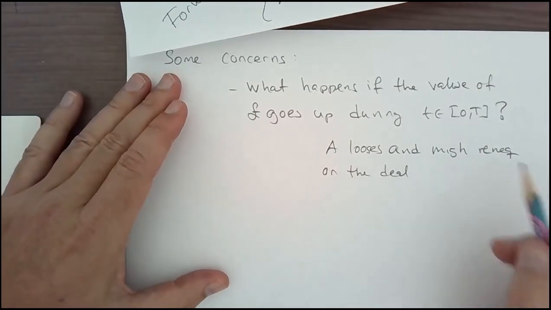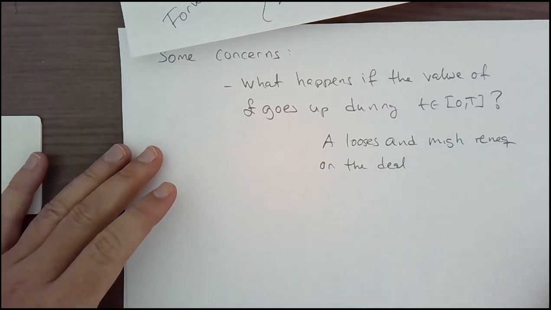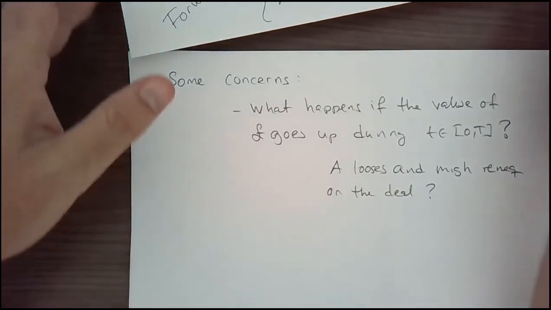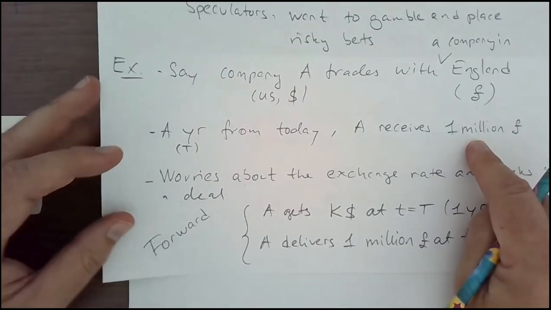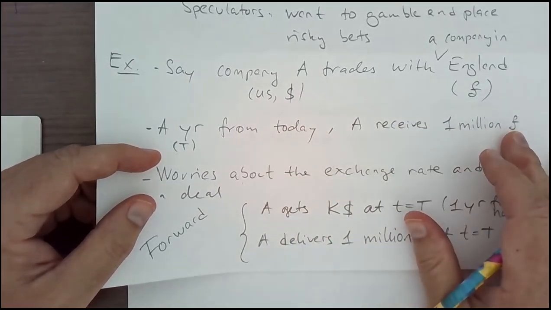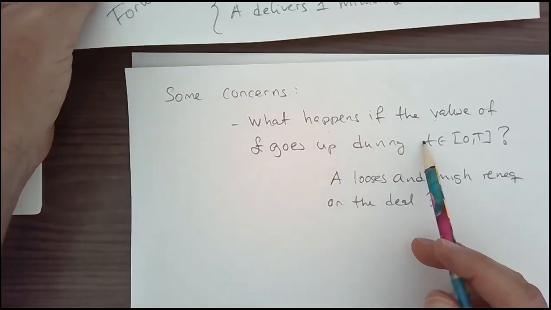And this is, of course, a terrible idea to try to do. You're going to get into real problems if you do that. He knows he's going to get 1 million pounds. So had he not entered the deal, he would have been much better off when the value goes up. Of course, the opposite is true when the value goes down.